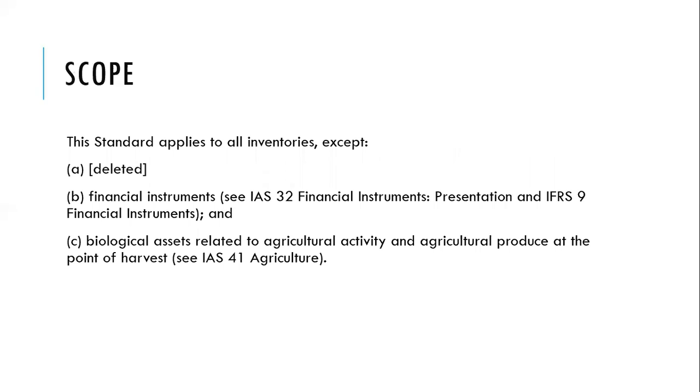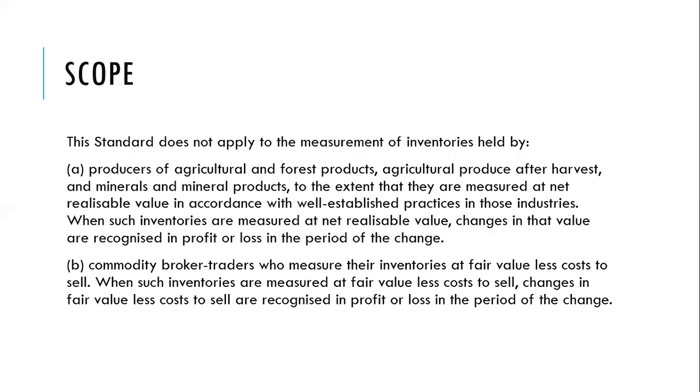The scope now: the standard applies to all inventories except financial instruments. For financial instruments, you have to look at other standards. For biological assets, you have to look at IAS 41. So basically every other inventory is covered by IAS 2.